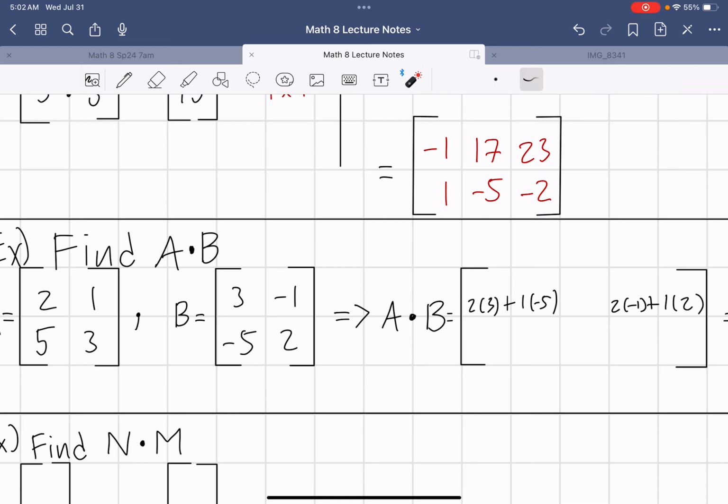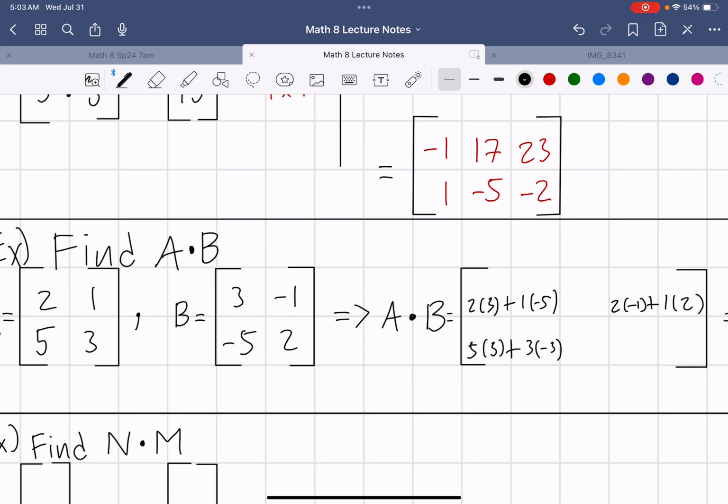And then we're going to take the second row now and multiply with each column. So 5 times 3 plus 3 times negative 5.